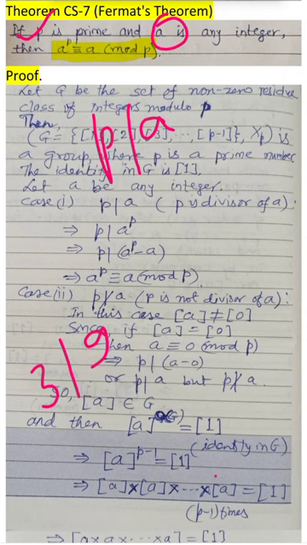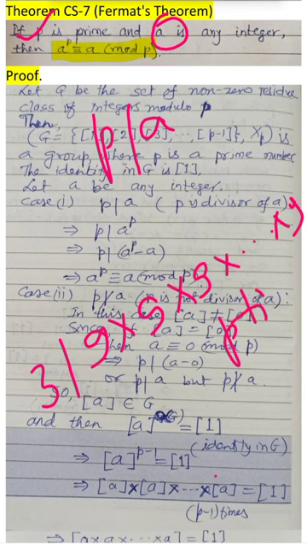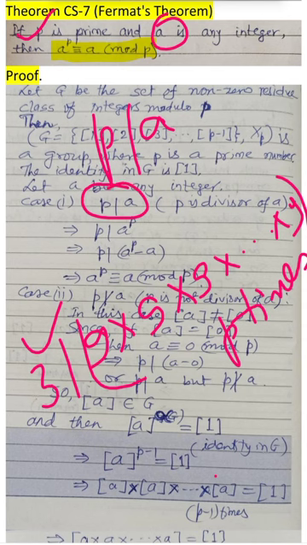So 9 multiplied by 9 P टाइम्स अगर हम करें तो this 3 is again a divisor of this one. So if P is the divisor of A, then P is the divisor of A raised to the power P also.